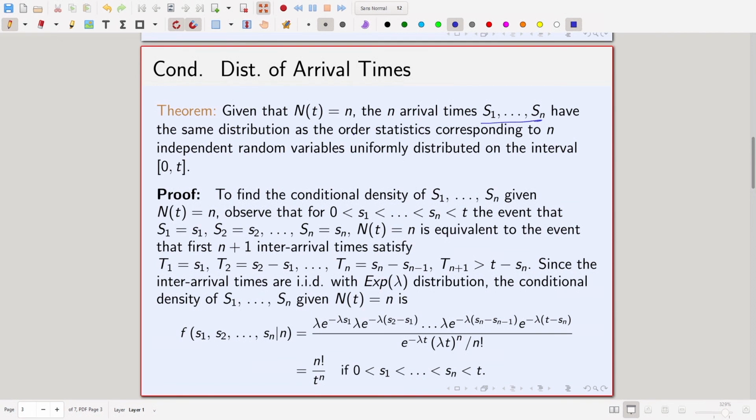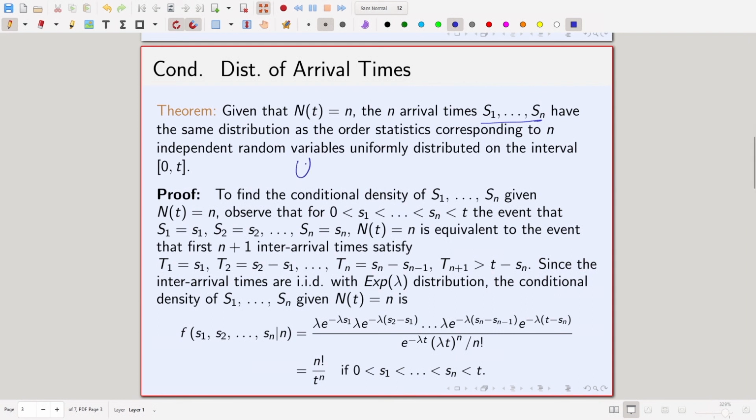So we are trying to find the joint distribution of these n arrival times. The n arrival times S1 up to Sn have the same distribution as the order statistics corresponding to n independent random variables uniformly distributed on the interval 0 to t.